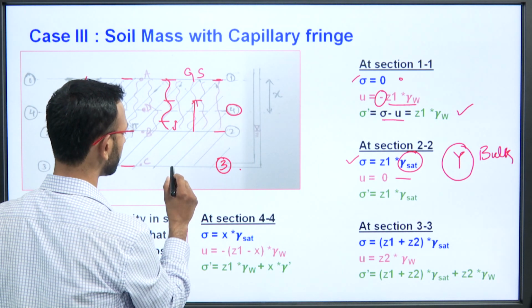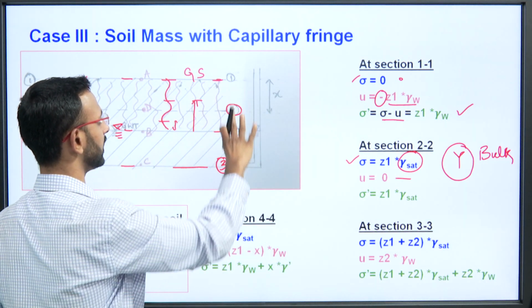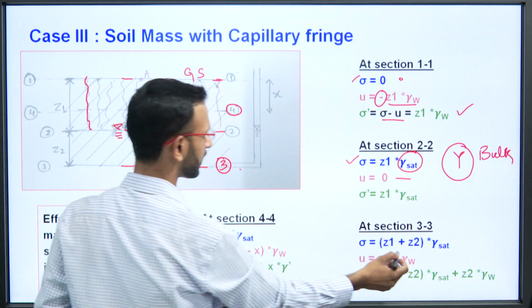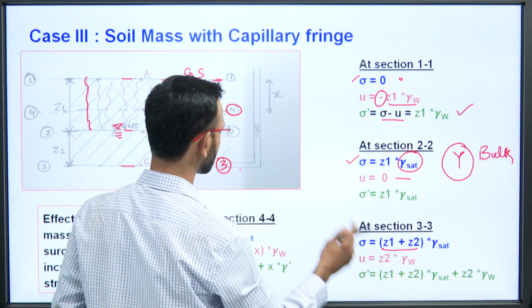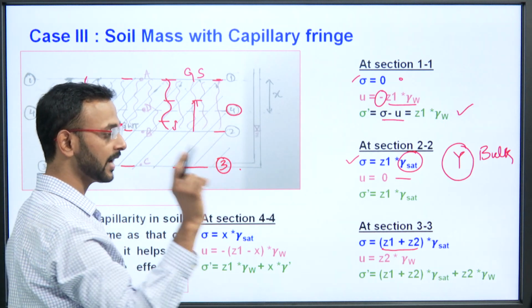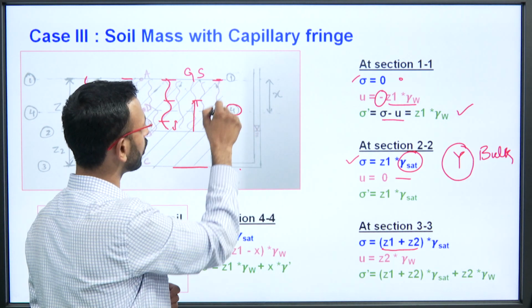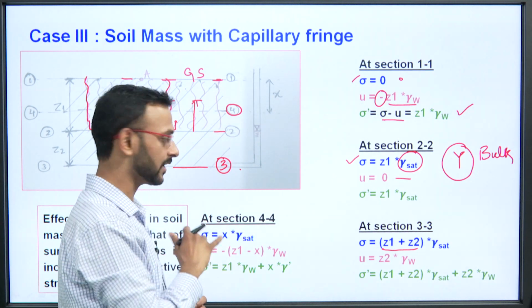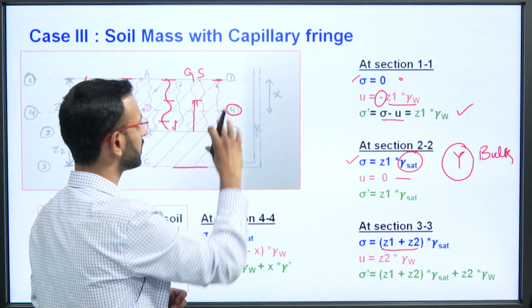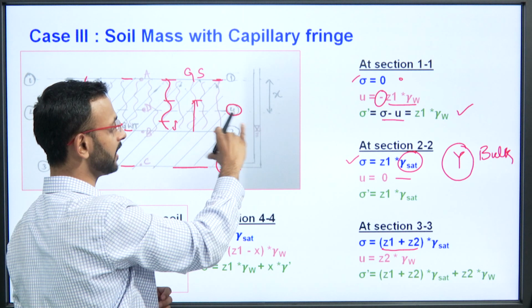When we talk about this bottom layer, the section 3, here the entire soil mass will be exerting the total stress, so we take Z1 plus Z2 into gamma saturated. Then the pore water pressure is due to the groundwater table level. Understand one more important thing: the capillary water will not be exerting any pore water pressure at this level, at section 3. This capillary water is relevant for the portion between sections 1 and 2.